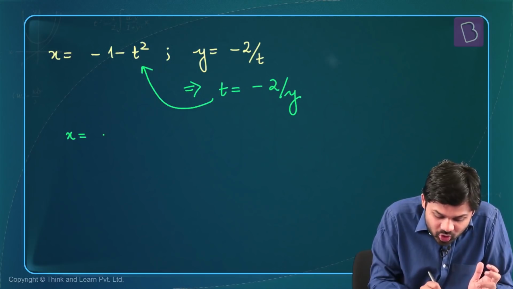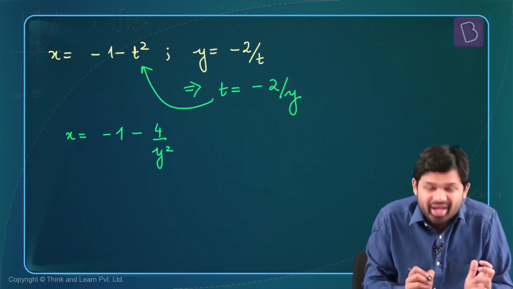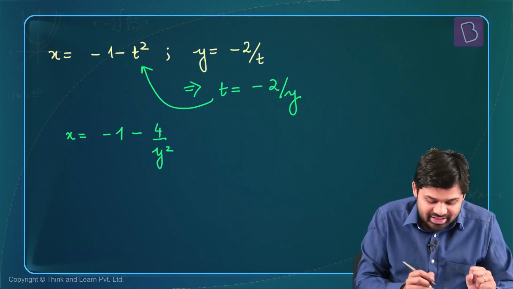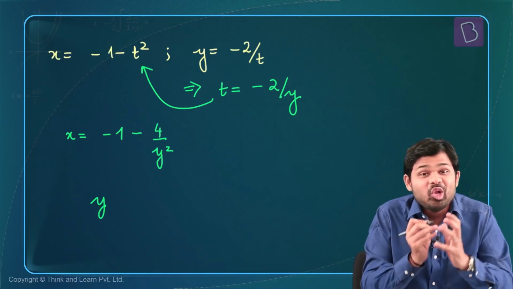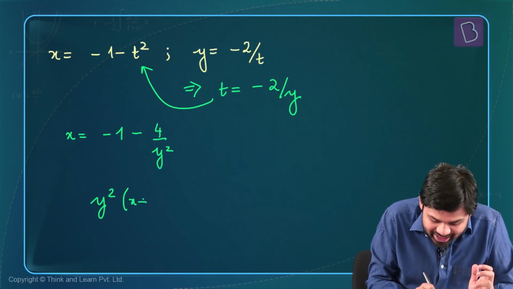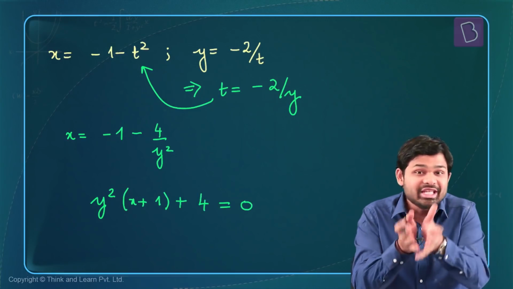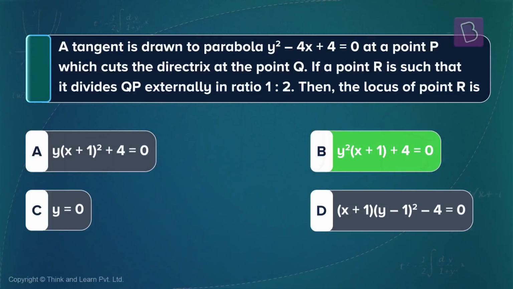I'll get x equal to negative 1 minus 4 over y square. A little bit of manipulation here and there, and you will end up with the locus of point R as y square times x plus 1 plus 4 equal to 0. So this is the correct answer to this question.